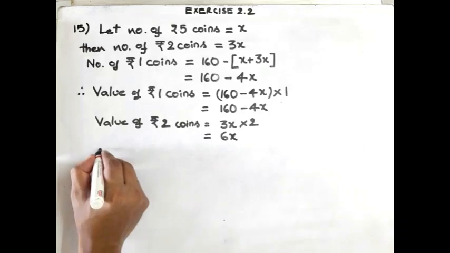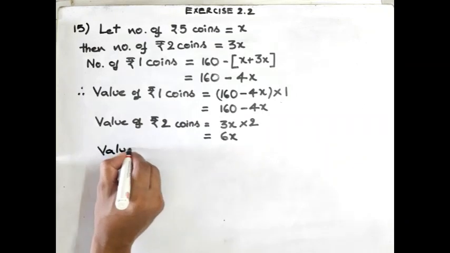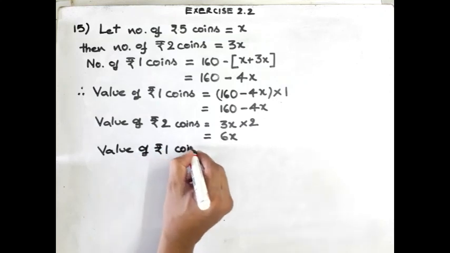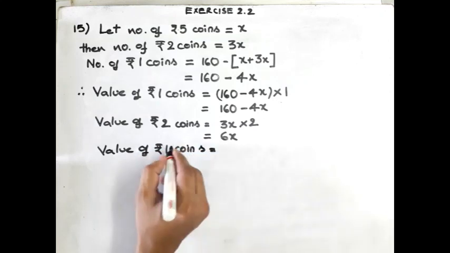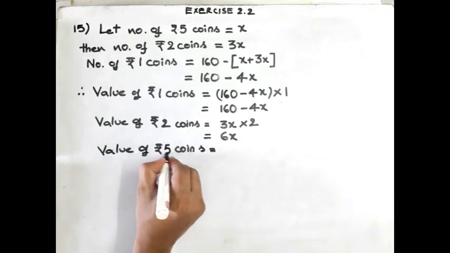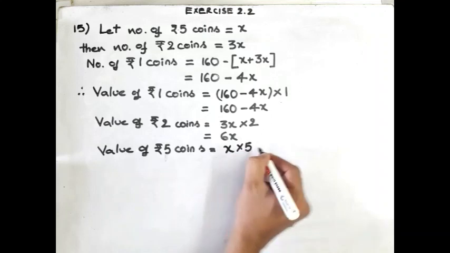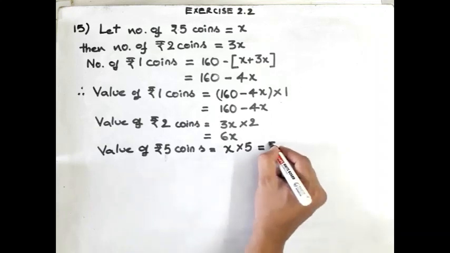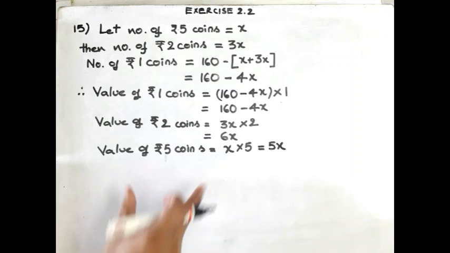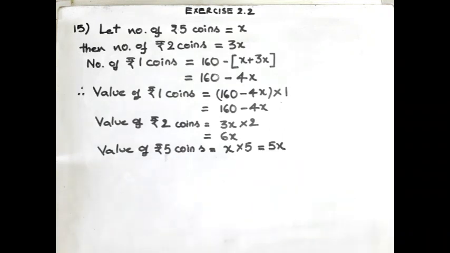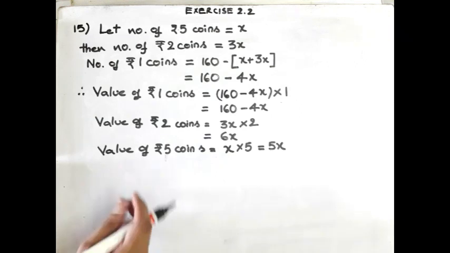Then the value of rupees 5 coins is equal to x into 5, which gives us 5x. Okay, so this is the value. Because they give the total amount, hence we need to find the value. Now look, what is the total value? It is equal to 300.